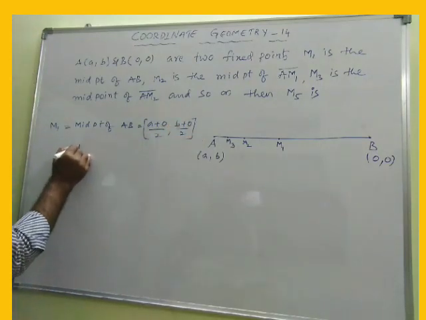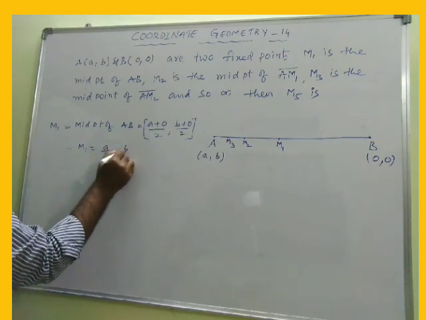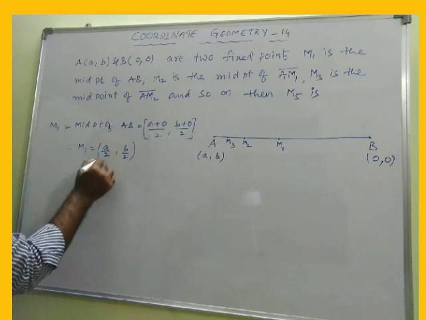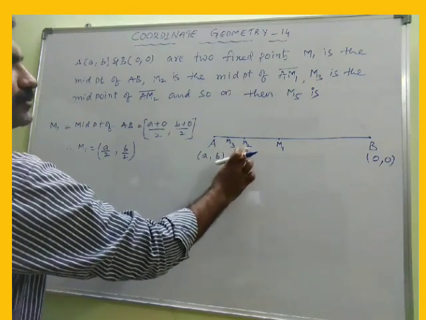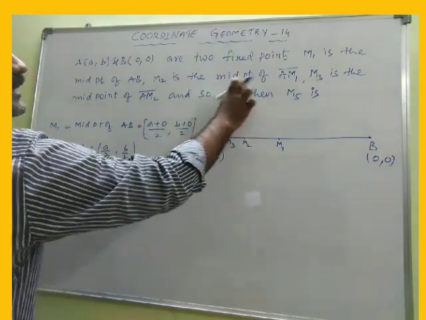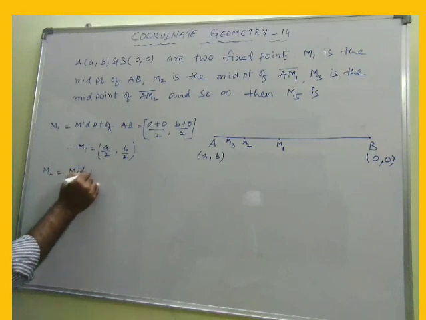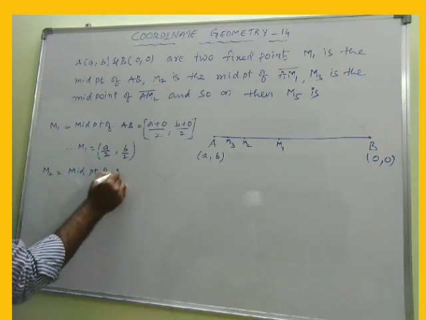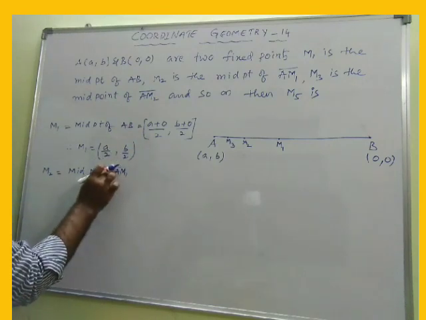So therefore, M1 is equal to A by 2 comma B by 2. And next, if I want to find M2, what is M2? M2 is the midpoint of AM1 bar.